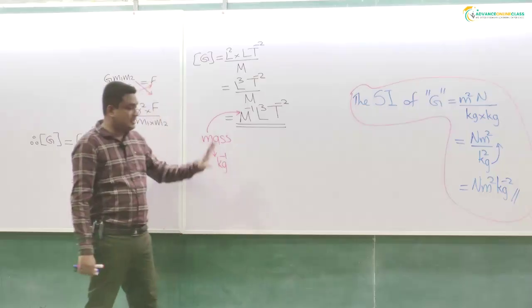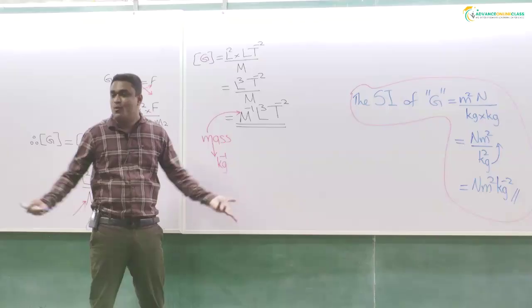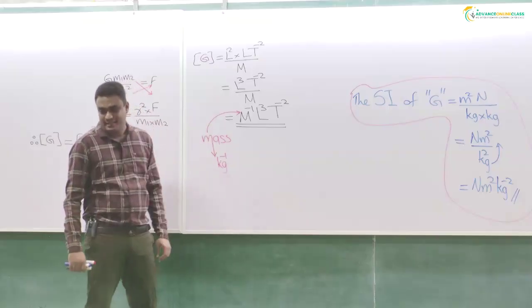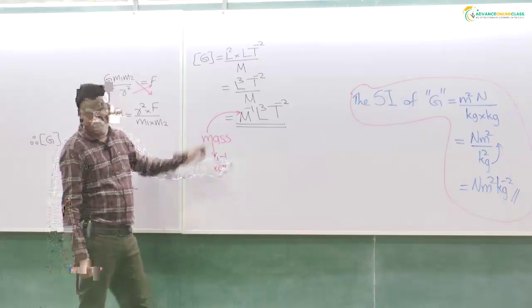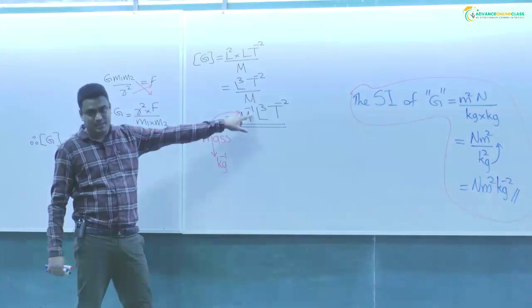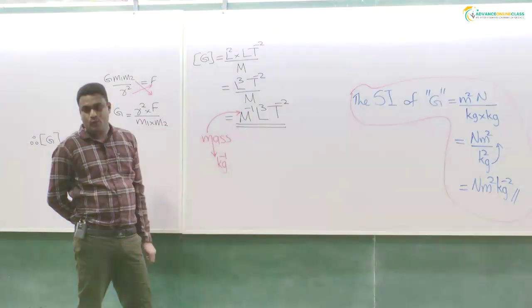Listen to me. This is a method. Don't ask why. No answer for why. This is a method. Whatever the power with M, we write the same power with kilogram.